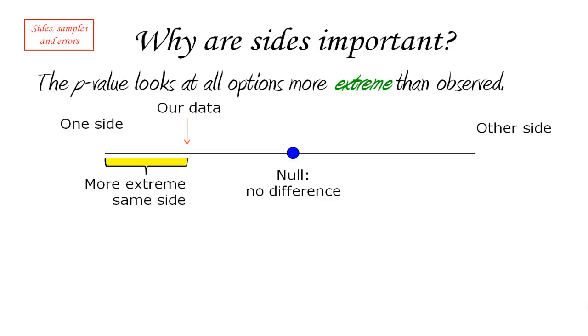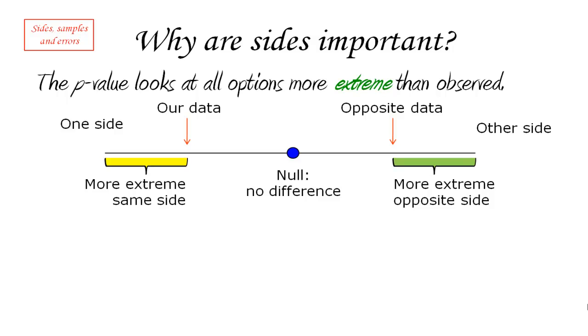It's possible that our data may have occurred on the opposite side. We may have gathered data that was as far away as what we got, but on the opposite side. And so we may want to consider also the options corresponding to the opposite side. What is therefore the probability of getting something as extreme or more extreme than what we got, but on the opposite side?